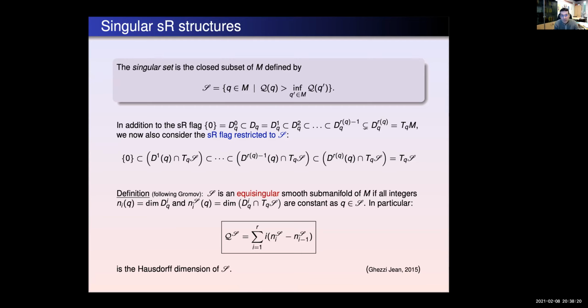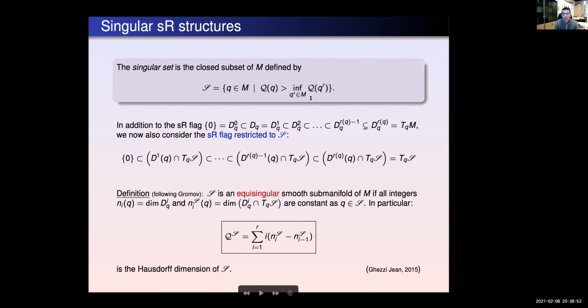The singular set is the set where the sub-Riemannian flag is not regular, meaning there are possible jumps in the dimension of the successive elements of the filtration. In other words, it is the closed set where the homogeneous dimension is strictly greater than the Hausdorff dimension of the regular part.